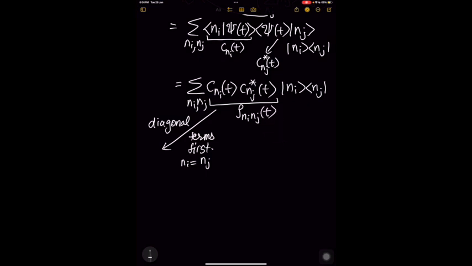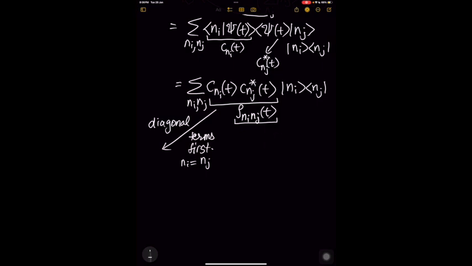So this is, as I just mentioned, the element of the density operator corresponding to the row which describes n sub i and the column which describes n sub j.